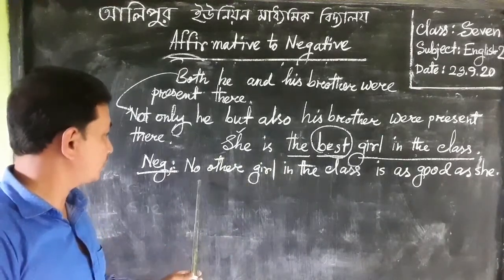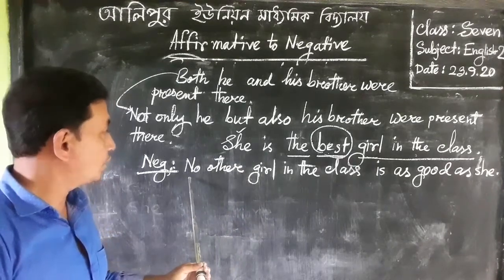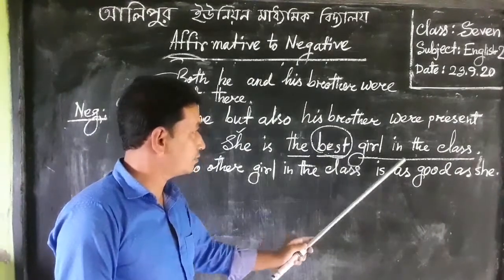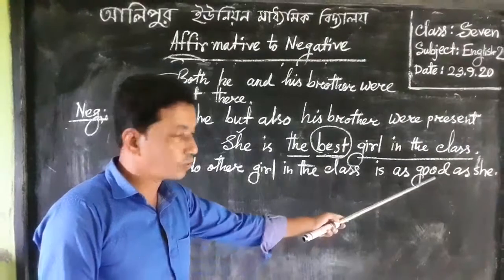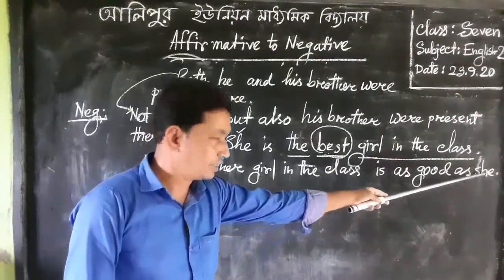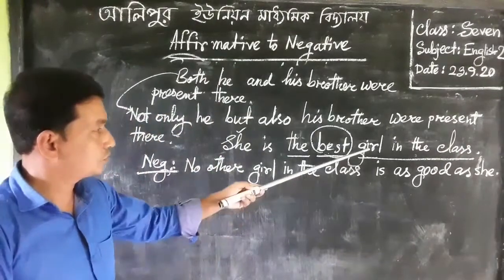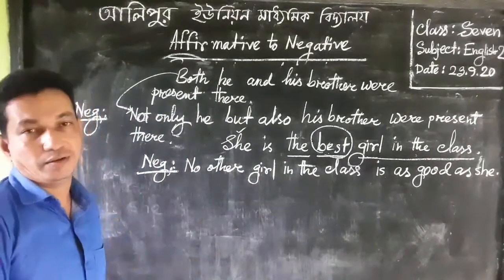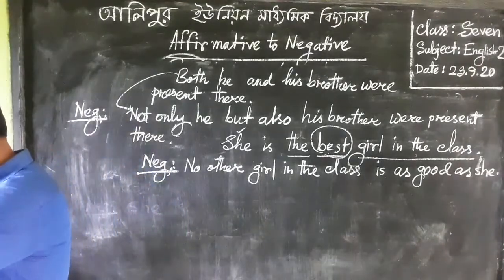So we can change the sentence in this way: no other girl in the class is as good as she, because the positive form of best is good. Okay, dear learners, we have to change the superlative form into positive degree in this way. So, our next group.